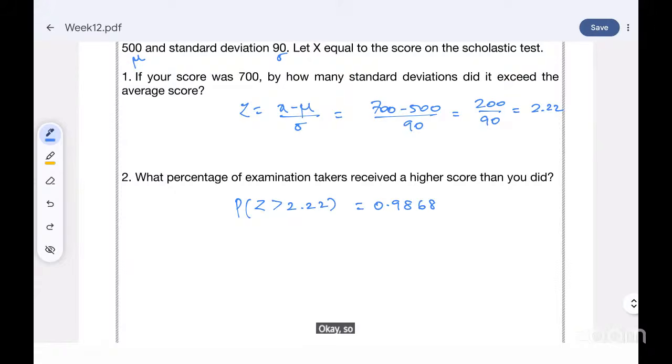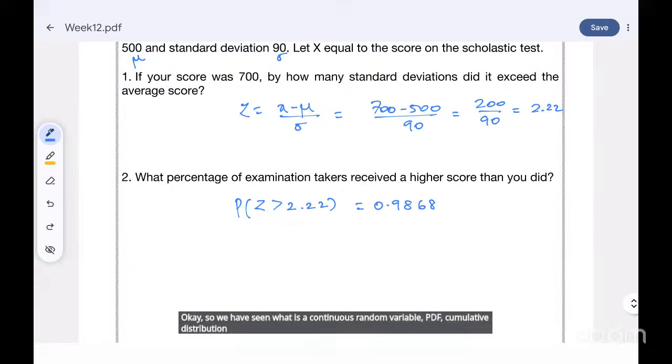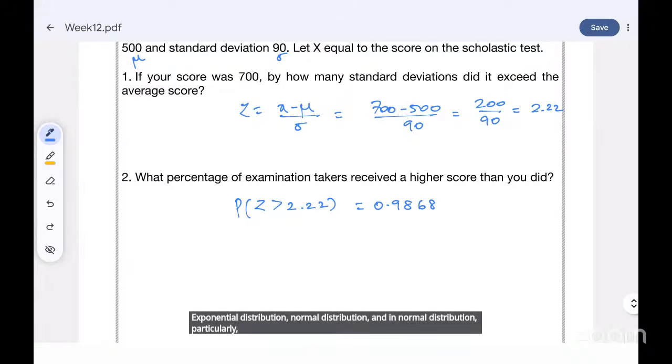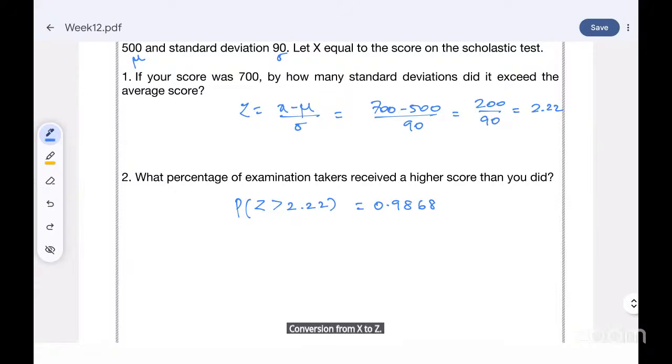We have seen what a continuous random variable is, PDF, the cumulative distribution function, and then all the different types of distribution: uniform, triangular, exponential, and normal distribution, and in normal distribution, particularly the standard normal distribution, the conversion from X to Z. That was very crucial. So these are the things we have covered in week 12.